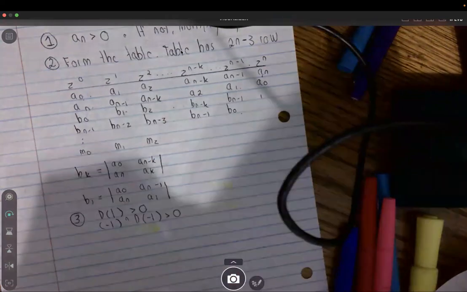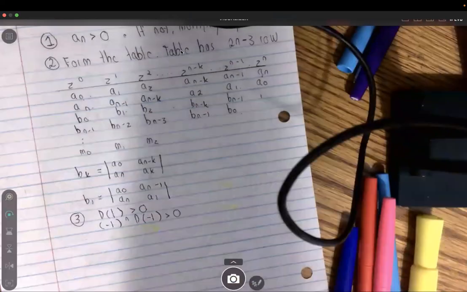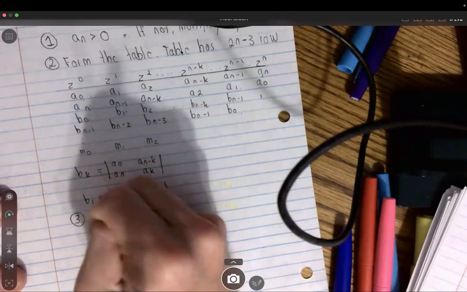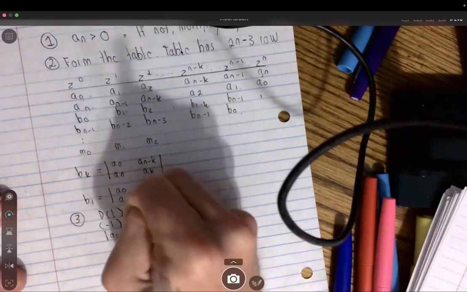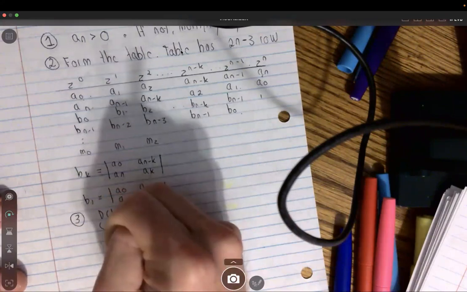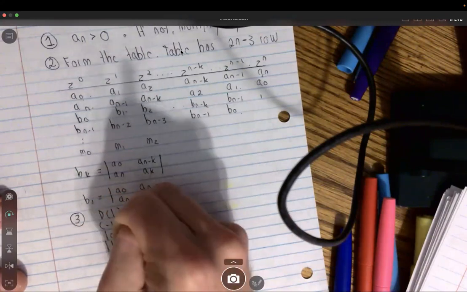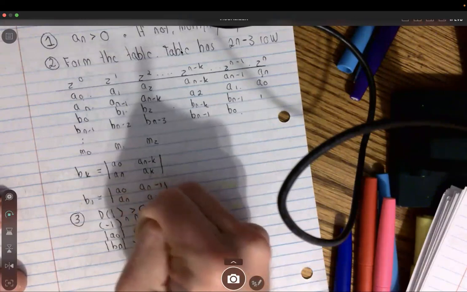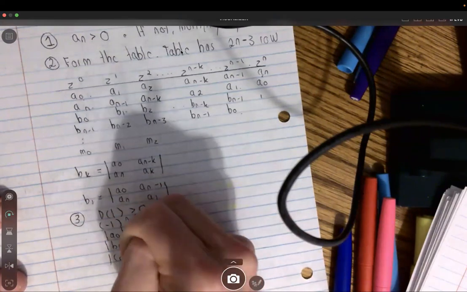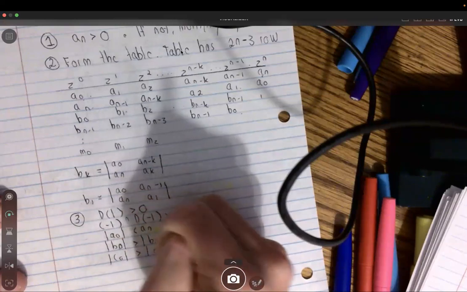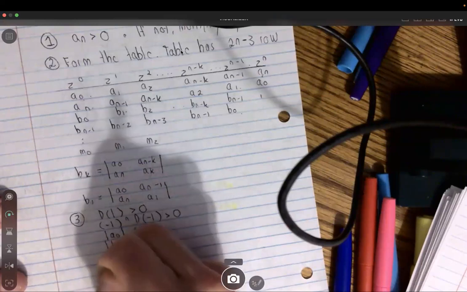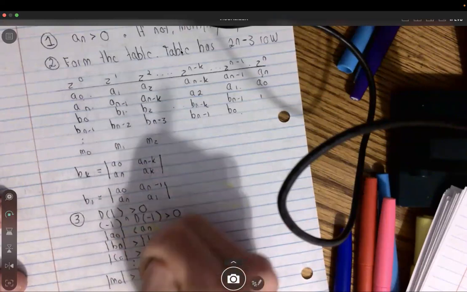And then you have to make sure that the other conditions are met, that A0 is less than A of N. Make sure you just write down all these conditions so you don't accidentally mess any up on your cheat sheet. B of N minus 1. And then your C0 is greater than C of N minus 2, and then dot, dot, dot, all the way to M0 is greater than M2.